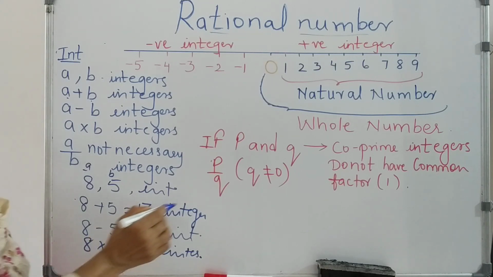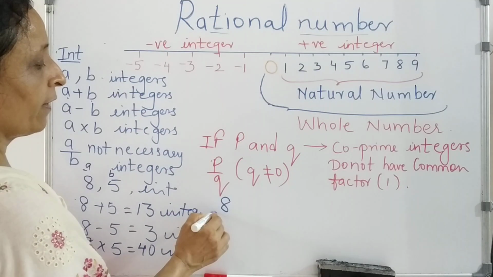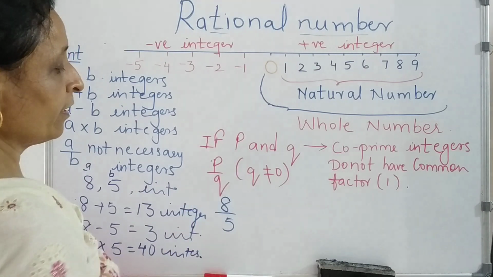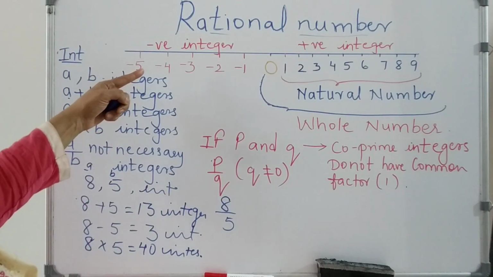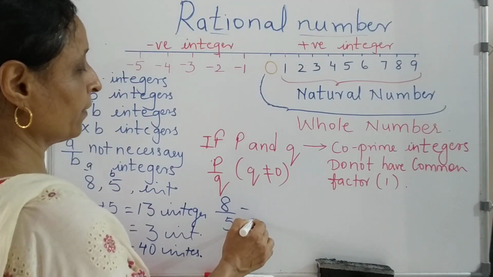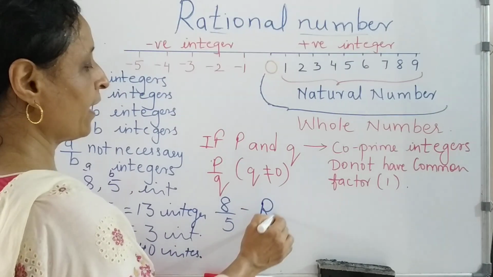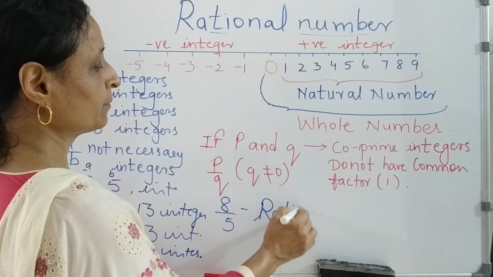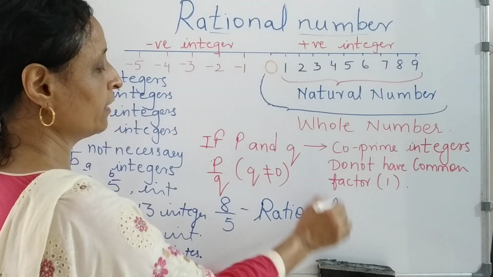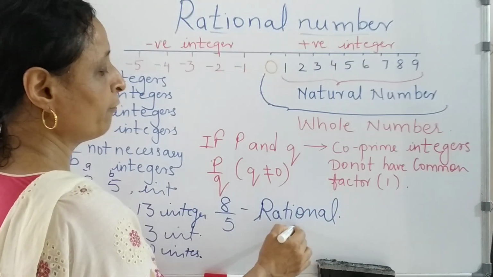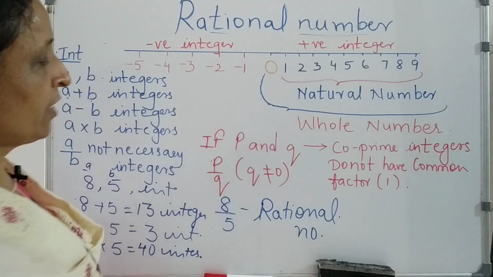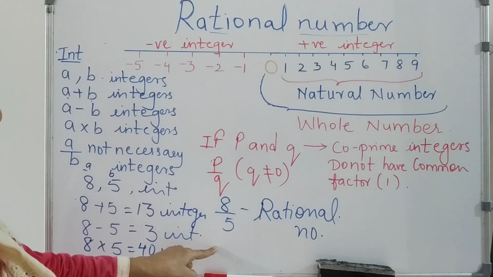But 8 by 5 is not an integer, it is a rational number. It is in the form of a ratio, therefore it is a rational number.